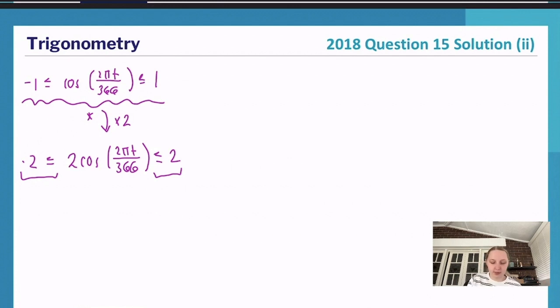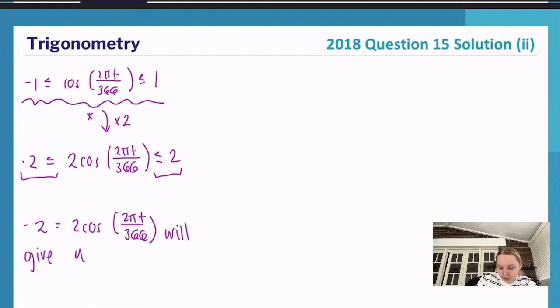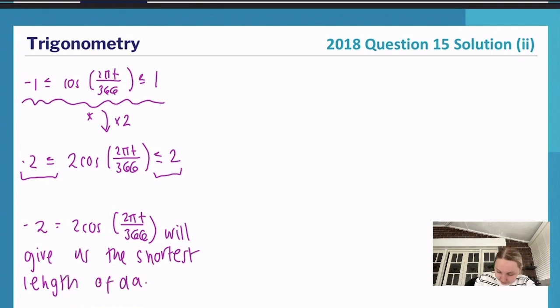When you think about that, -2 equals 2 cos 2 pi t on 366 will give us the shortest length of daylight, because -2 will be our low point. And our lowest point is where we're going to find the shortest length of daylight.